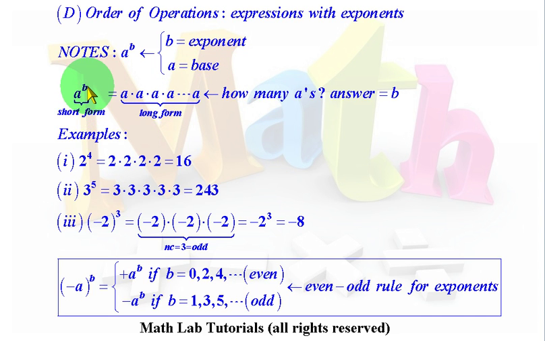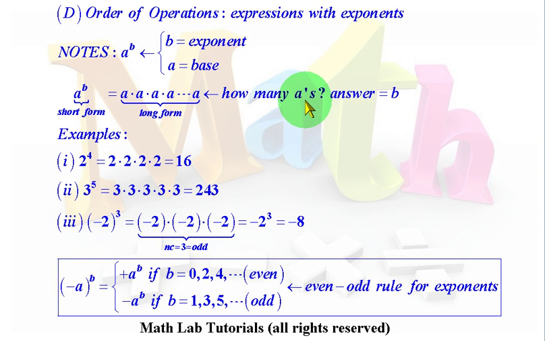So a to the power b over here is really a short form. It means a times a times a times a, etc., times a, and there are b a's. So it would be a dot a dot a dot a, b times. So there are b a's in this product string.